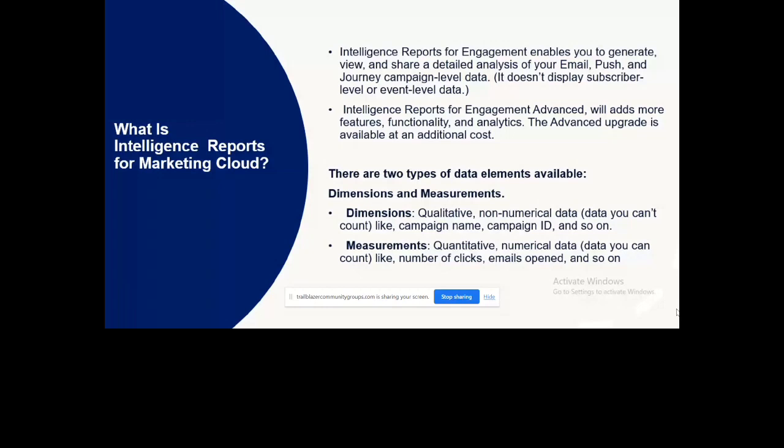For example, if you need to run a report, you cannot run it just based on opens or clicks. By default, you need a dimension, whether you need to run a report on email level or on journey level. That is where a dimension comes into the picture. Whichever data is non-numerical or cannot be measured is called a dimension.